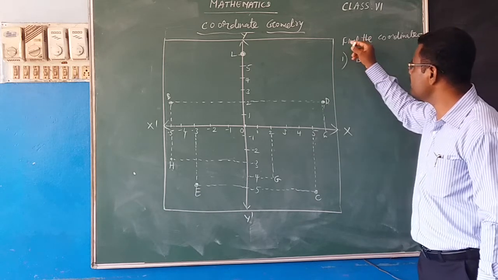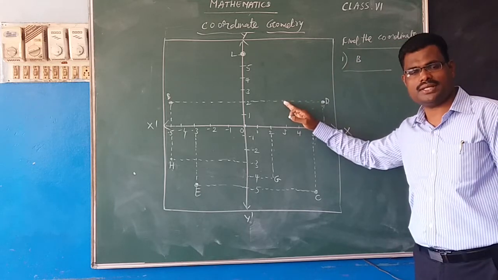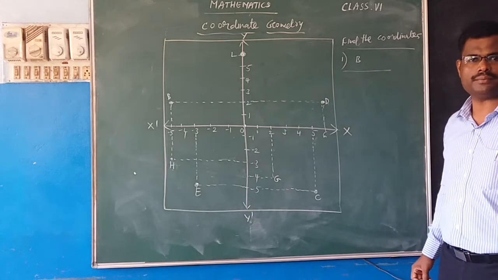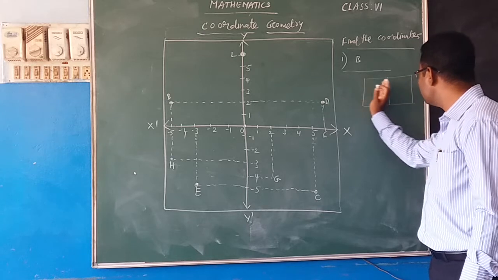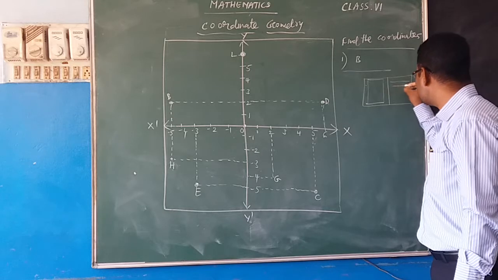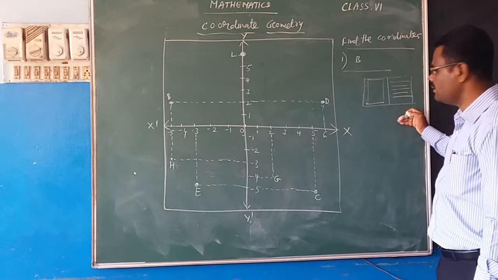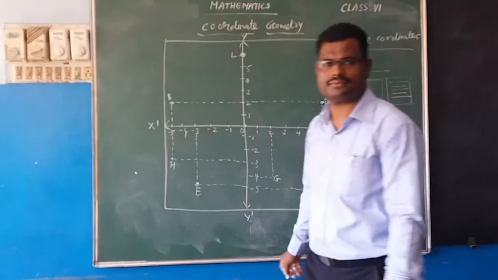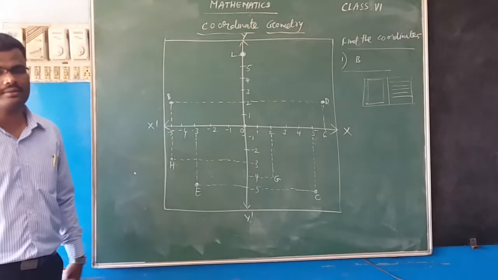If a question is asked, you have to attempt it on the right hand side. If the question is to draw the graph, you have to draw it on the graph sheet. Understood? Suppose this is a graph book. On the left side they have given the graph sheets. Here on this side you write the points, the answers, the questions, and on the other side you draw the graph. Clear?